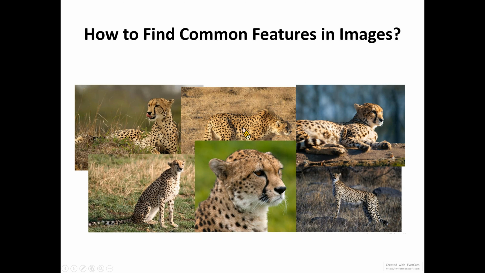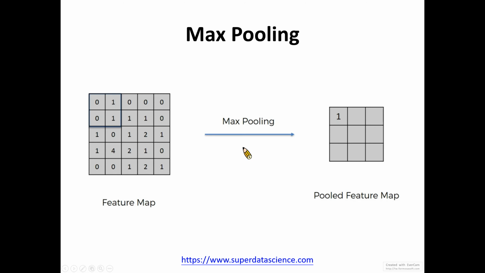These black dots and brown color patterns define the leopard, and so if we want to develop an algorithm to classify all these images as leopard, then we really need our algorithm to capture this important information, these black dots, but not the posture of these animals. Okay, so that is the purpose of the max pooling.